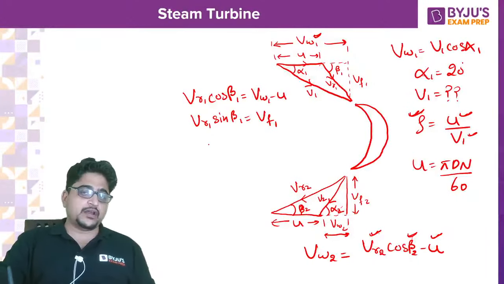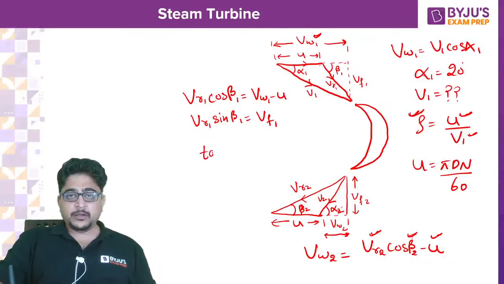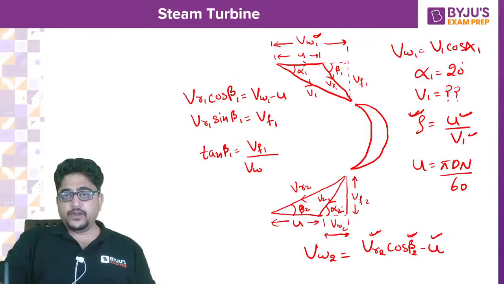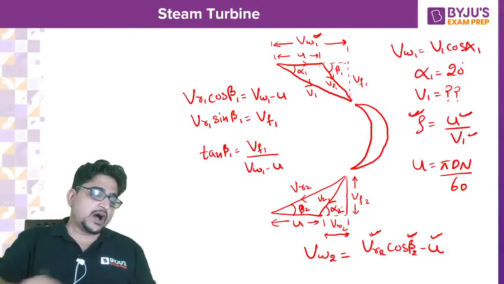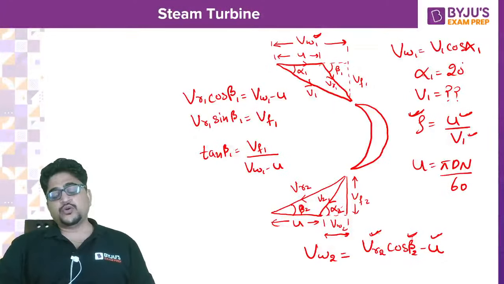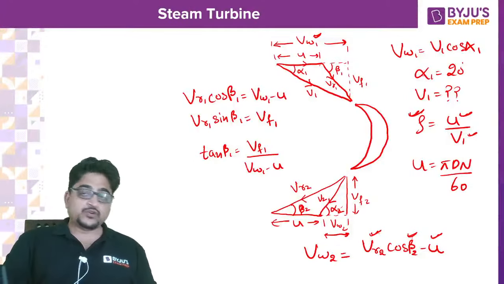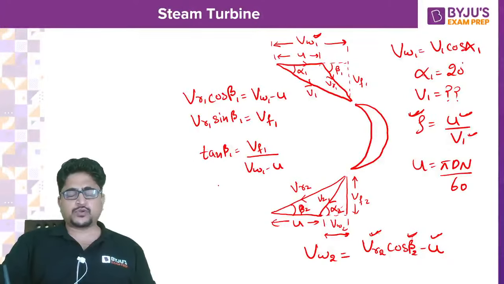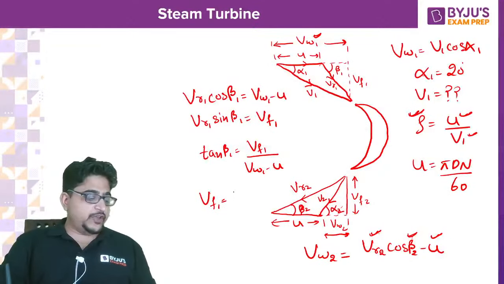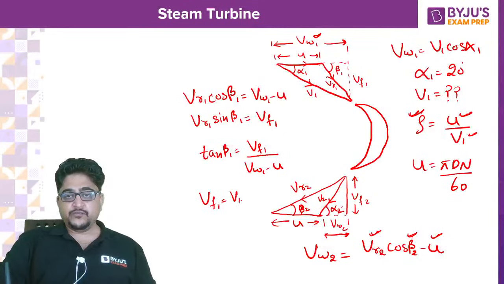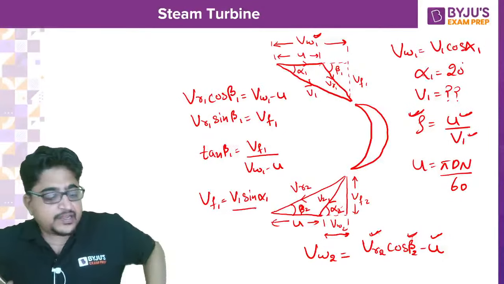So from here, can I write tan beta 1 is equal to Vf1 by VW1 minus U? Are you all understanding? To calculate the value of beta 1, what is the value of Vf1? Vf1 I can write as V1 sin alpha 1. It is simple maths.